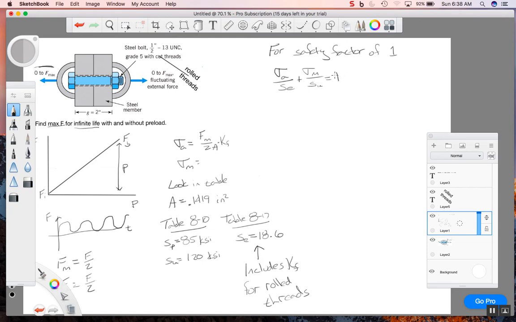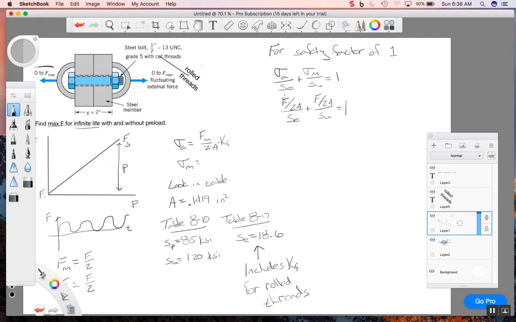I can plug all my stuff in, and that means I've got F over 2A over S_e, plus the mean is the same because it's the sine wave that's just sitting on the axis, F over 2A over S_u, equals 1.